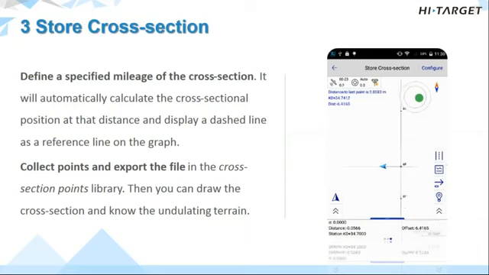And then you can draw the cross-section and know the undulating terrain. Also, you need to define a specific manager of the cross-section. It's one way to know the undulating. So this is our preview of the road function.